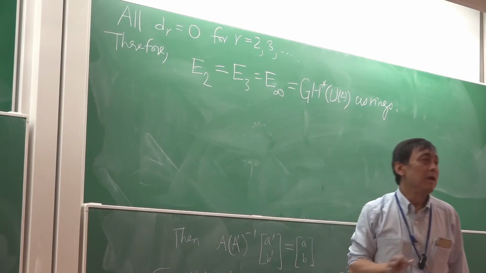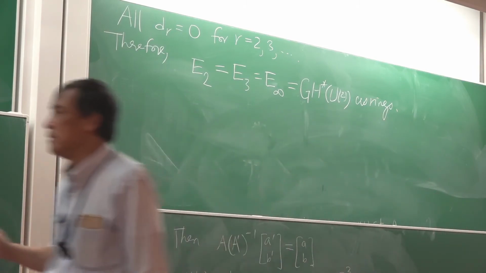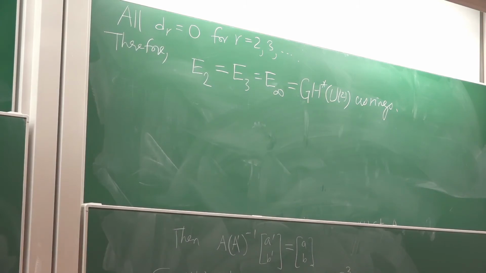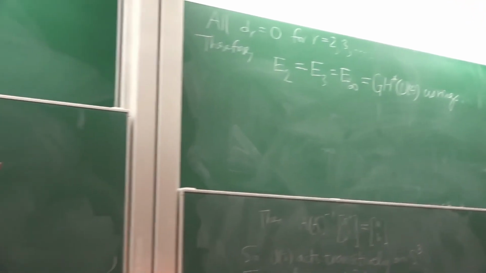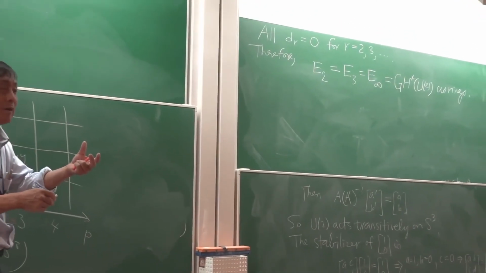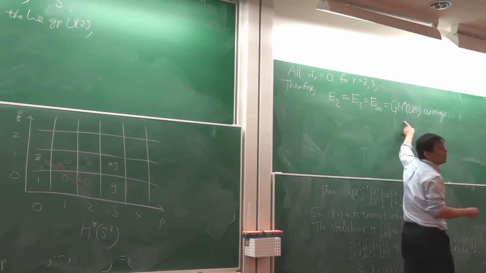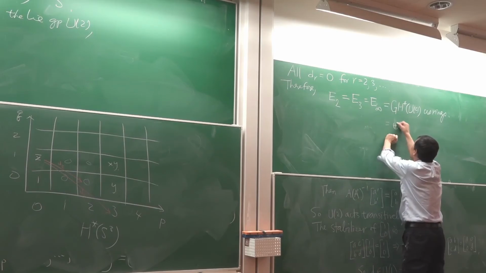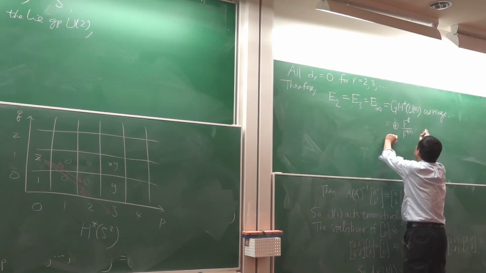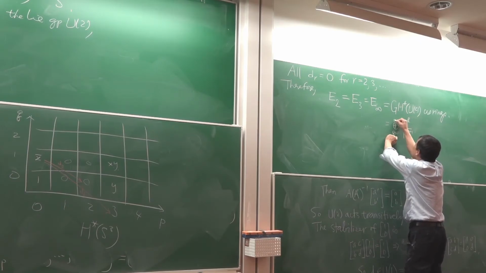Now, I'm going to put a bar here because in E infinity they are not really cohomology classes, but classes in the quotients.